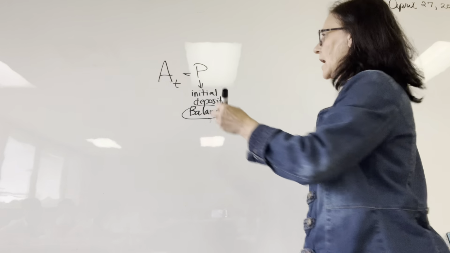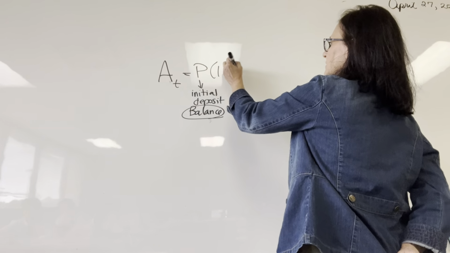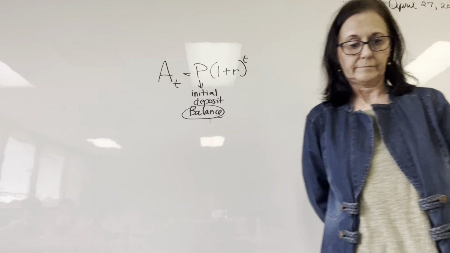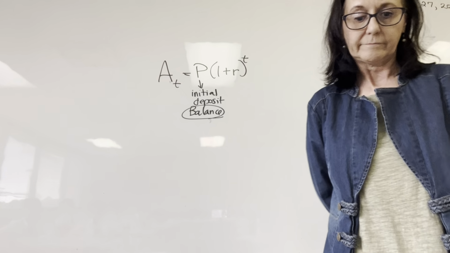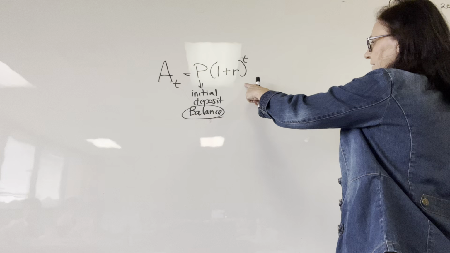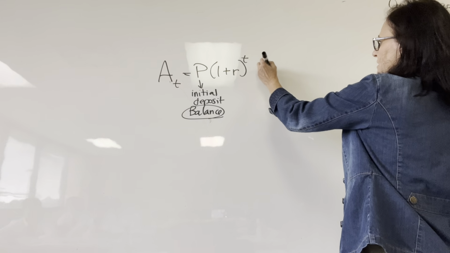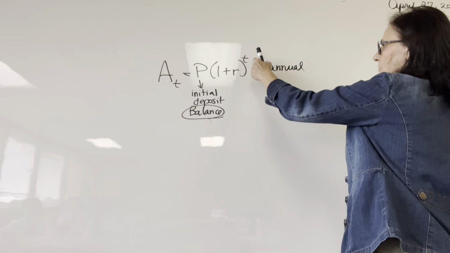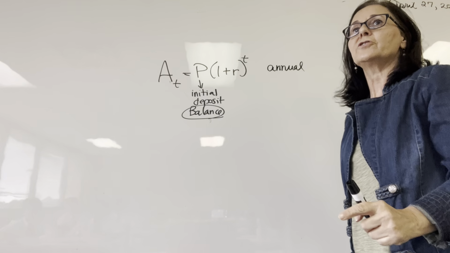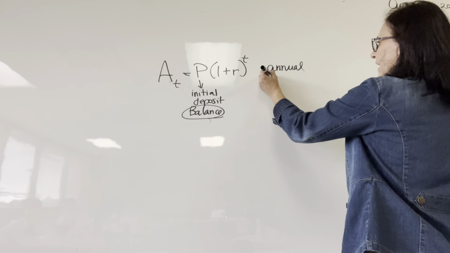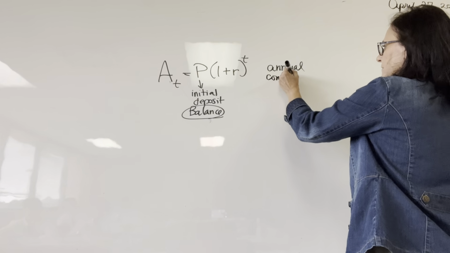It's your principal times 1 plus the rate, raised to the power of the time. This is the equation if I have annual compounding.